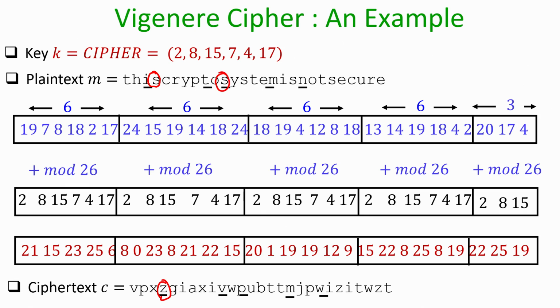The reason this is happening is because each time the value S gets shifted by a different amount, which depends upon the position of the plain text character S, that means where exactly it is occurring.